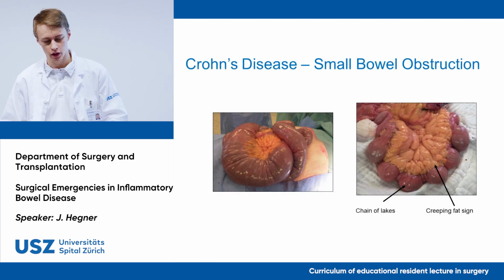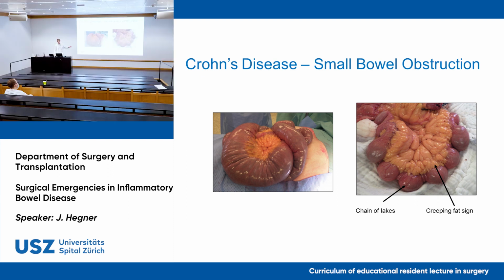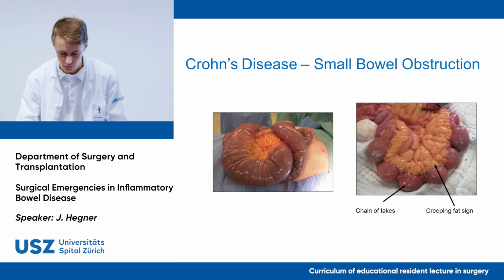On the left-hand side, you can see dilated loops of small bowel that is due to multiple fibrostenotic lesions downstream in the small bowel, causing an obstruction. And here we can see this chain of lakes effect due to the repeated fibrostenotic lesions. And because there's a chronic inflammation going on, you will have this creeping fat sign. So this is very pathognomonic for Crohn's disease.